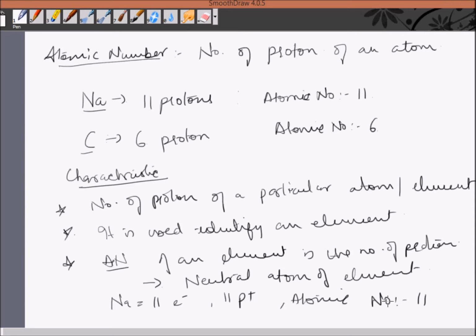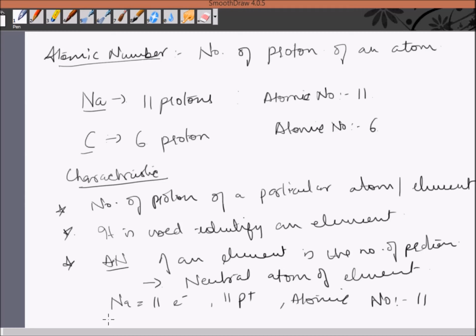It is very important to know that the atomic number of an element is equal to the number of electrons only in the neutral atom, not in an ionic state, because only a neutral atom contains an equal number of protons and electrons. On the other hand, an ion is formed by the removal or addition of electrons from the normal atom.